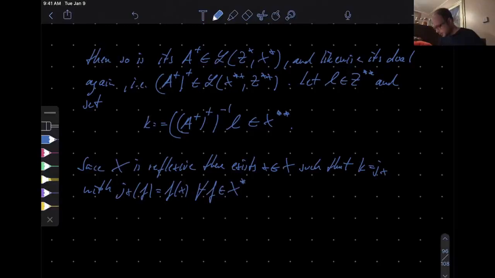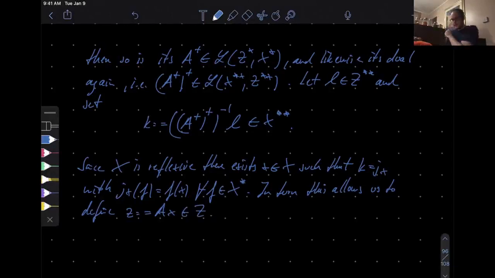In turn, this allows us to define an element z, which is A of x in z. Okay, that is it, and that more or less will do it.